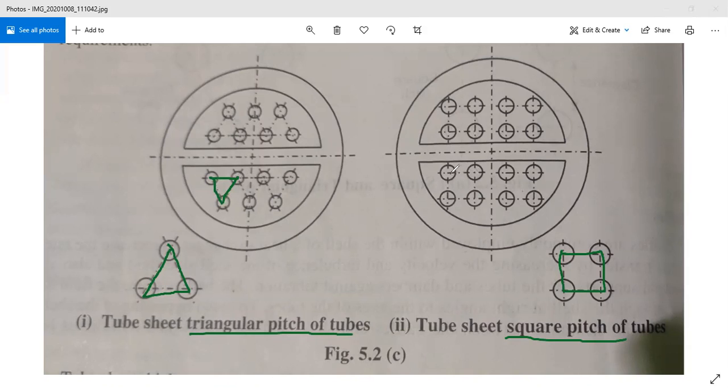In the square pitch also, if you measure this center to center distance of the adjacent tubes, then you can call it the pitch. So that may be a triangular pitch, that may be a square pitch. But the main concept or definition of pitch is the center to center distance between the adjacent tubes in the shell and tube heat exchanger assembly.